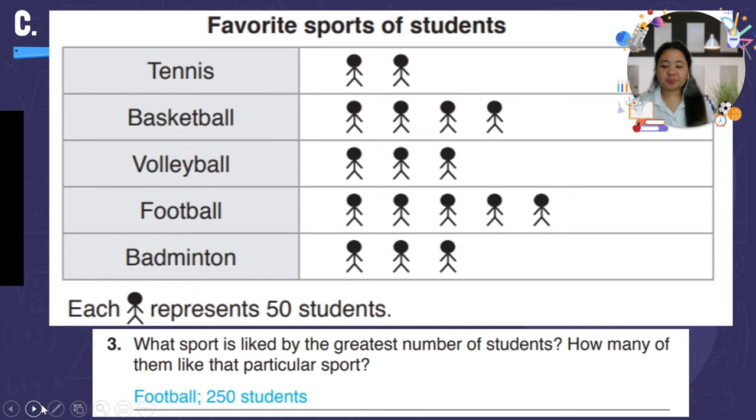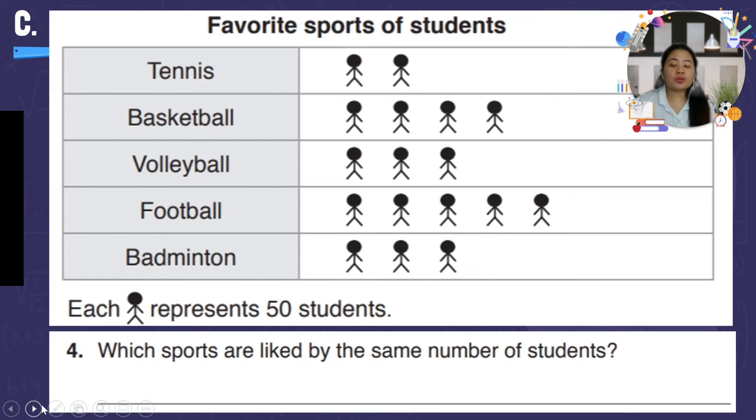Good job. Now let's go to number 4. Which sports, there may be 2 or more answers, are liked by the same number of students? Same number: this is 2, this is 4, this is 3, this is 5, this is 3.